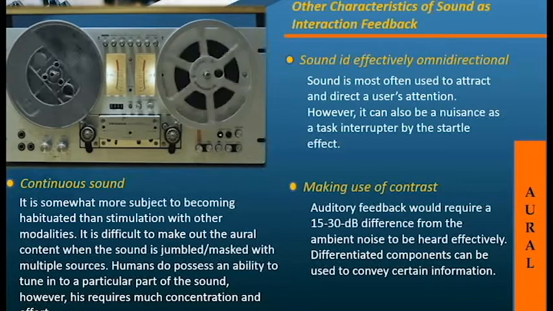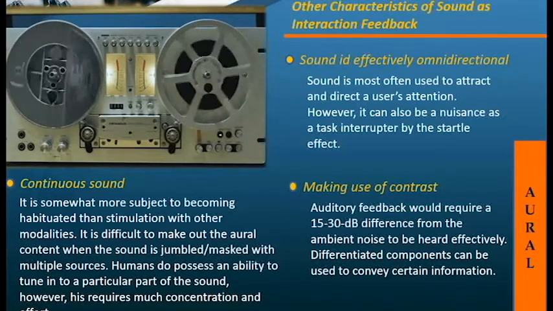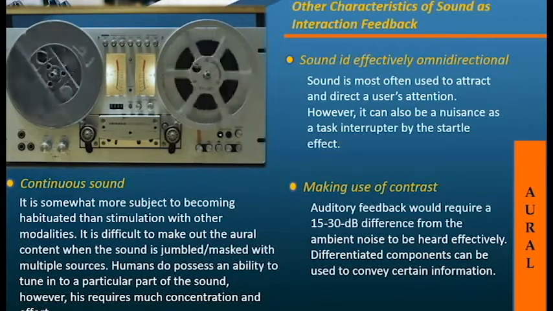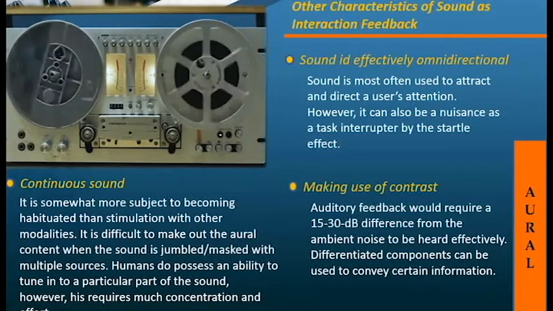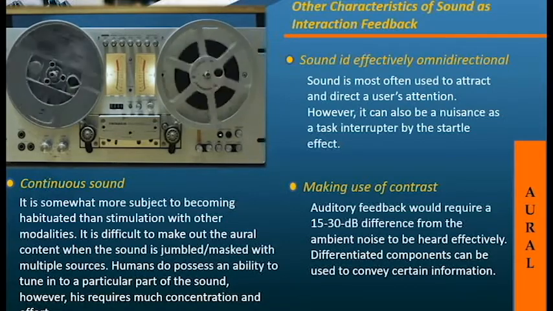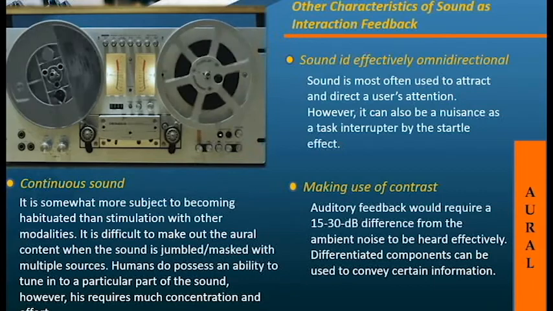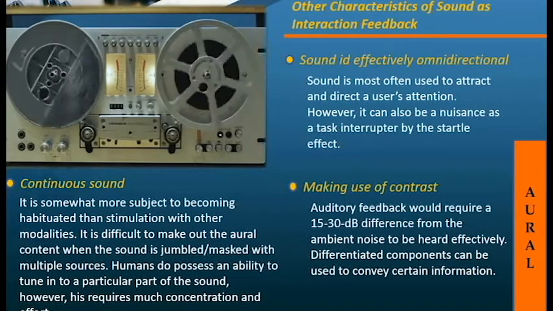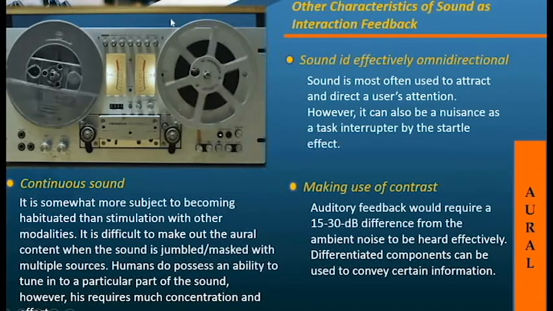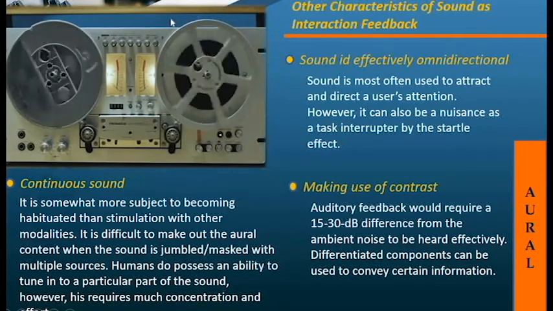Continuous sound is somewhat more subject to becoming habituated than stimulation with other modalities. It is difficult to make out the oral content when the sound is jumbled or masked with multiple sources. Humans do possess an ability to tune in to a particular part of the sound. However, this requires much concentration and effort.